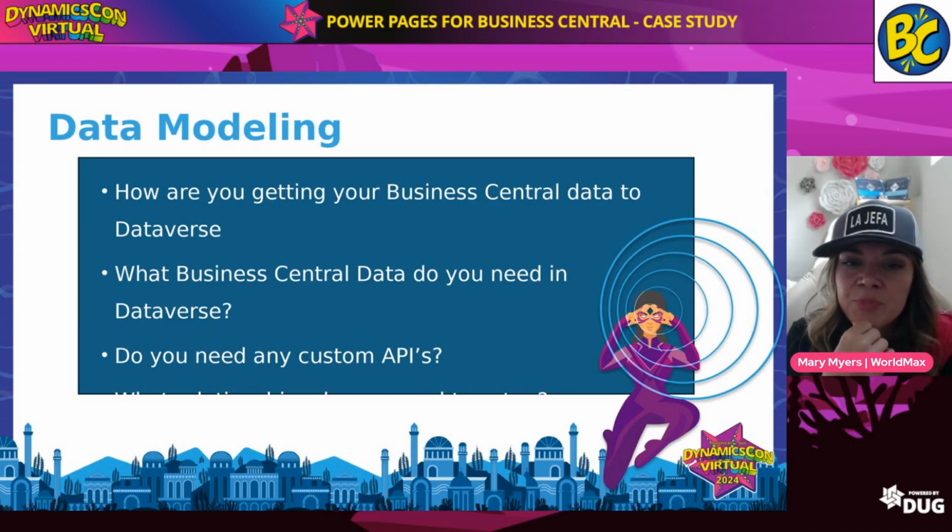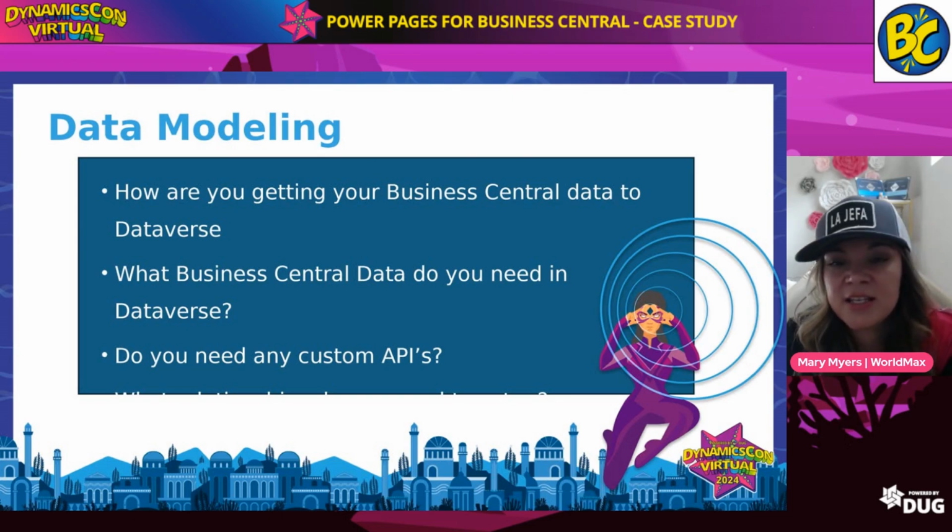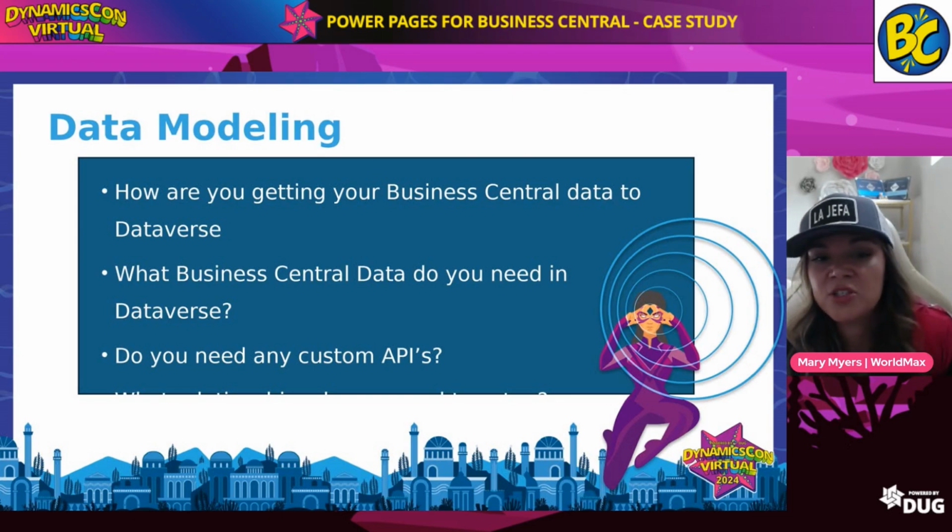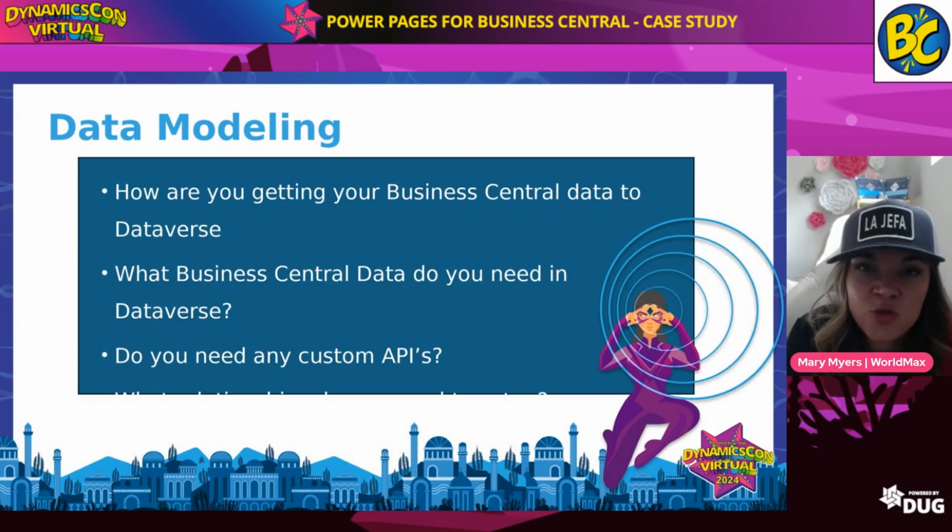But I'll make sure you guys have some proper slides. One of the things when we're looking at our data modeling is, first and foremost, as we were just talking about, we need to understand what approaches we are taking to get our Business Central data into Dataverse. And then we also have to identify, do we need any custom APIs, right?